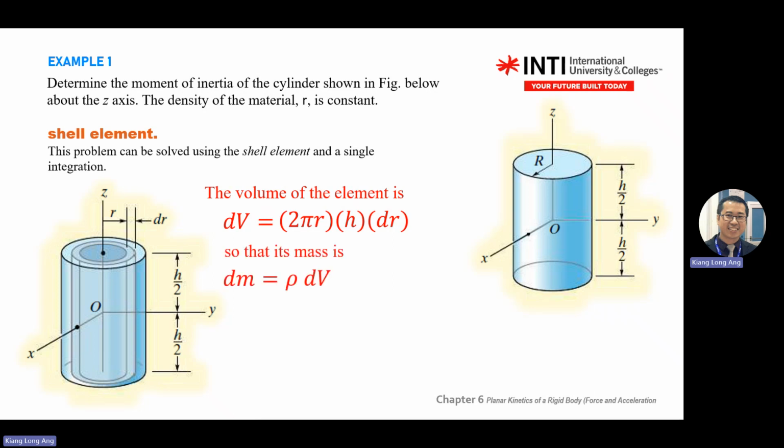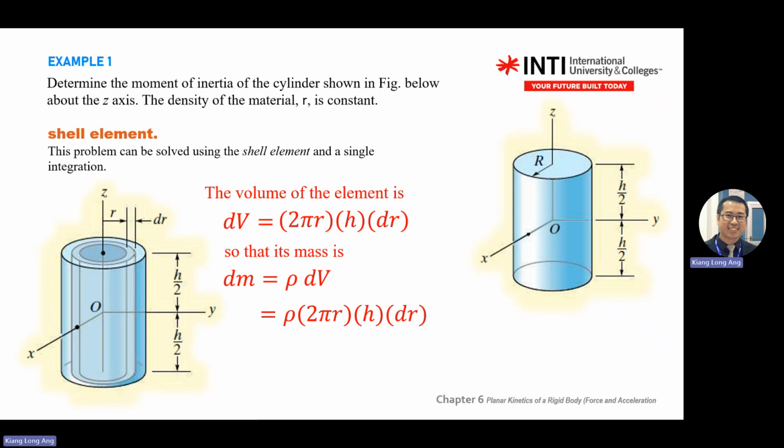So the mass will be rho dV. You substitute dV equal to 2 pi r dr h. Shell is that you calculate the circumference, then you multiply by the change of radius, you get the very, very small change of area. Then you multiply by the H, you get volume. This is the shell method.